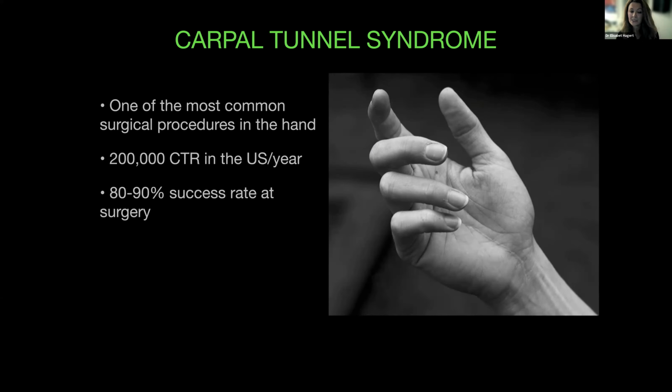Reportedly, there is an 80 to 90% success rate at carpal tunnel surgery, which means that 10 to 20% is failed surgery. So if you look at carpal tunnel releases in the US, you have between 20 to 40,000 patients who are regarded as failures.